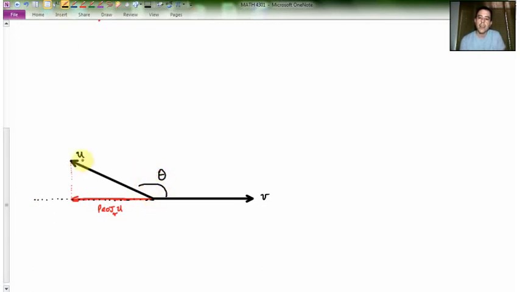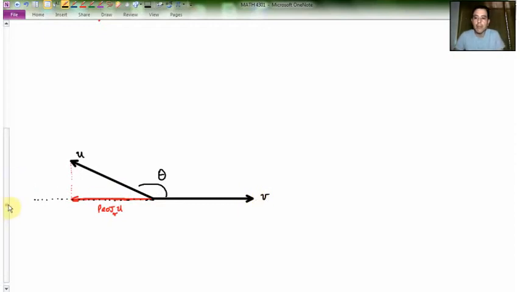In that case, the projection will actually be this one here. So it's the shadow of u onto v, on the direction of v. Notice that the projection of u onto v goes in the opposite direction to v.